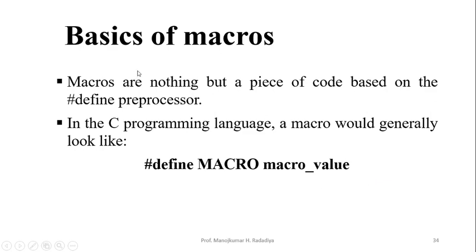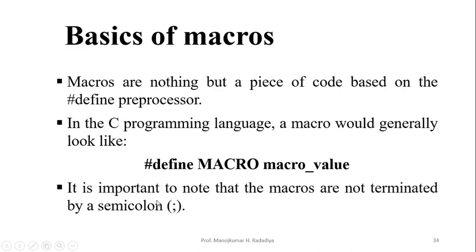That means when I want to use a macro, I start with #define, that is the common one, then one space, then my macro name, then a space, and then the value of that particular macro. It is important to note that macros are not terminated by a semicolon. We cannot put a semicolon over here.